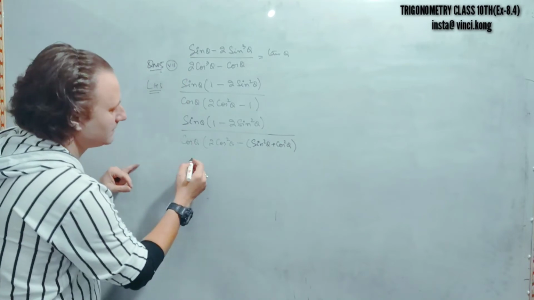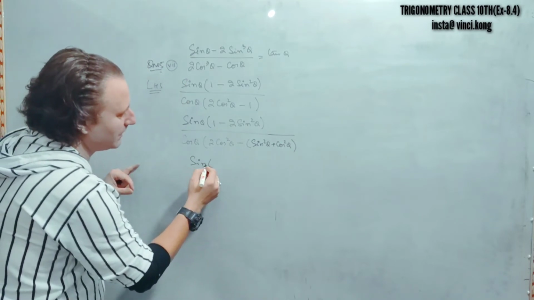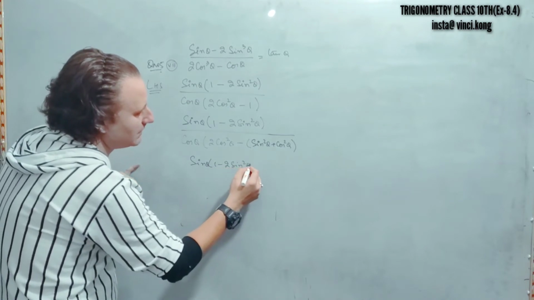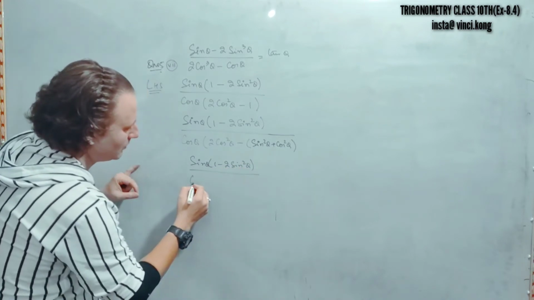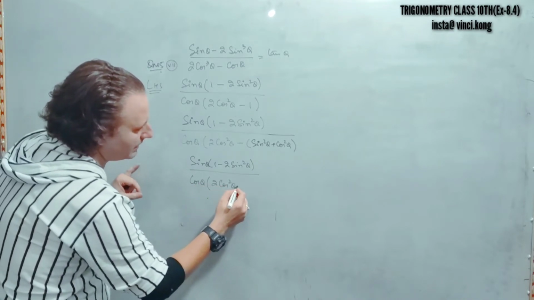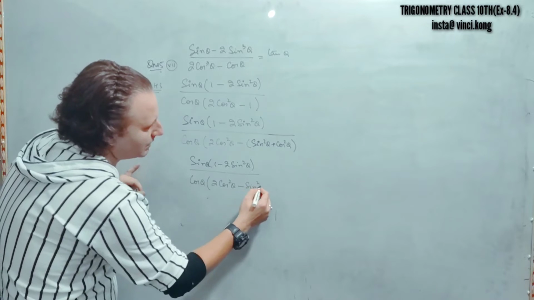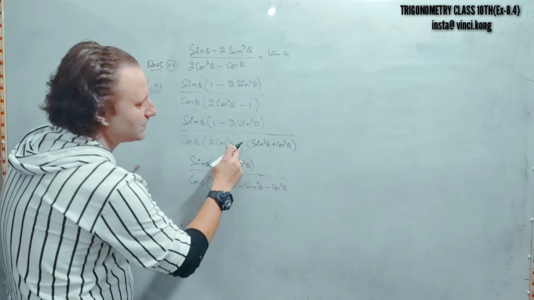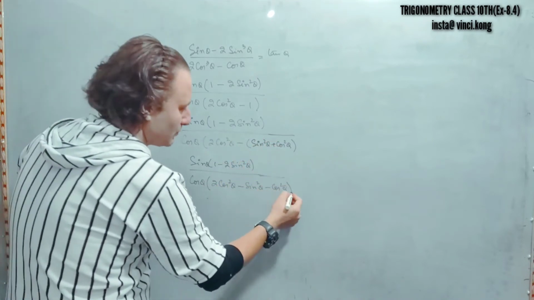Now what happens? Let us keep the numerator as it is. 1 minus twice sine square theta. Here, cos theta, twice cos square theta minus sin square theta minus cos square theta, because this minus is with this and with this as well.